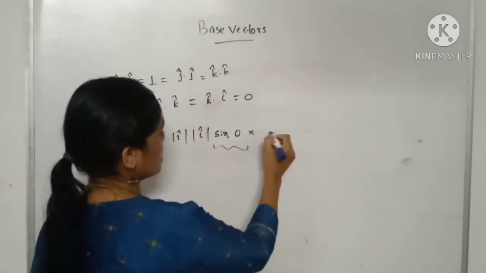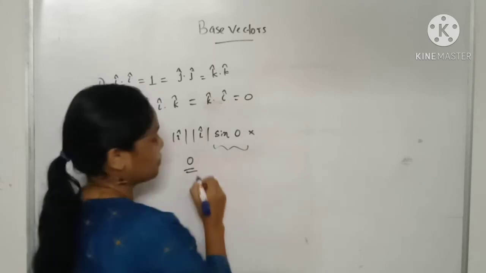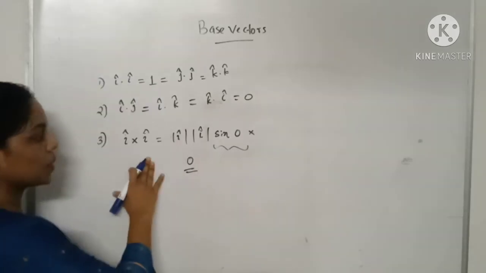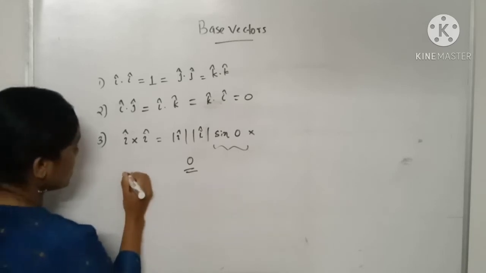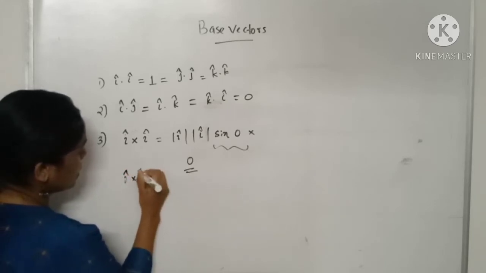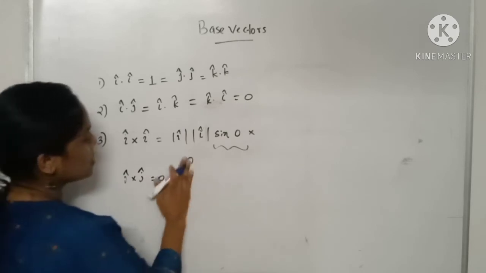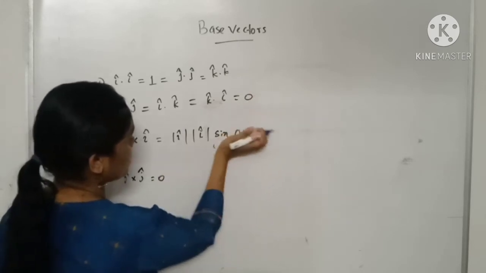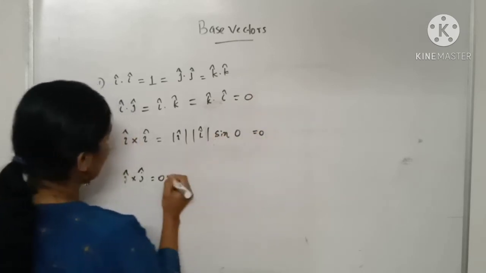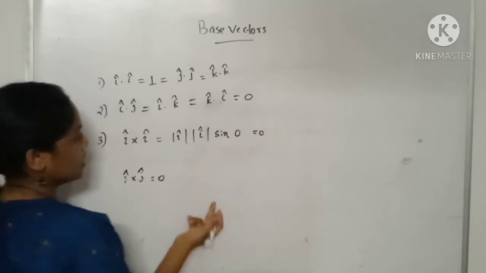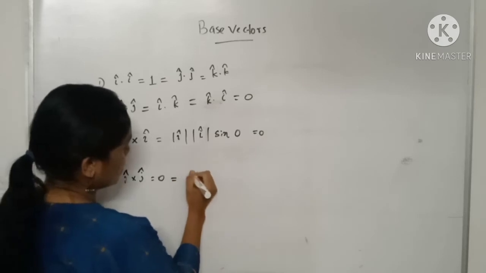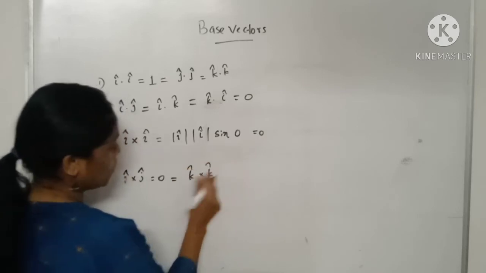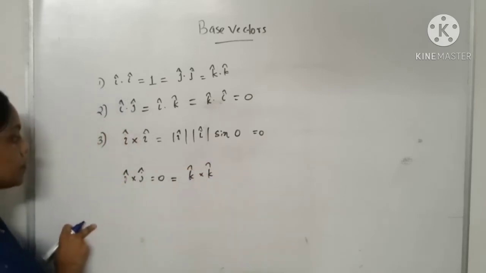Therefore, i cross i is equal to 0. Likewise, j cross j is equal to 0, since the angle between j and j is equal to 0 and sine 0 is equal to 0. Therefore, k cross k is equal to 0.